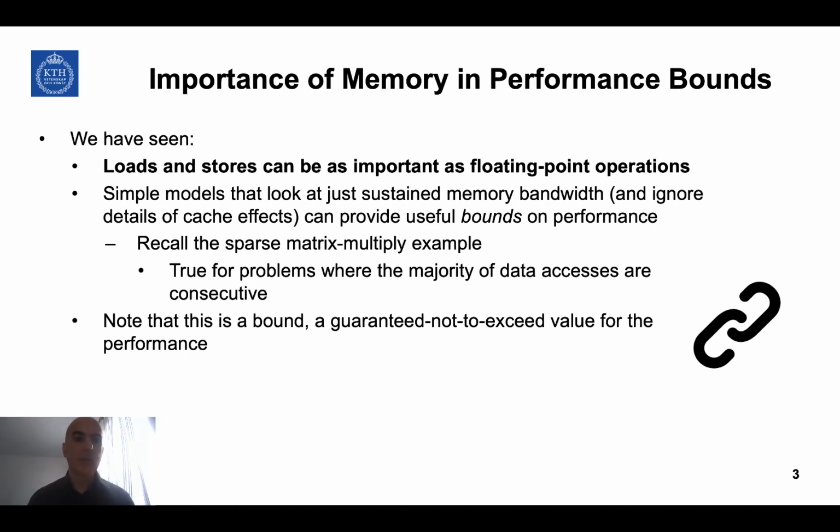This was particularly true for our example of sparse matrix multiply in the previous lectures, and is in general true for all the problems where the majority of the data accesses are consecutive. Note that we provide a bound, a guaranteed not-to-exceed value for the performance. So this was a maximum value for the performance that can be achieved.